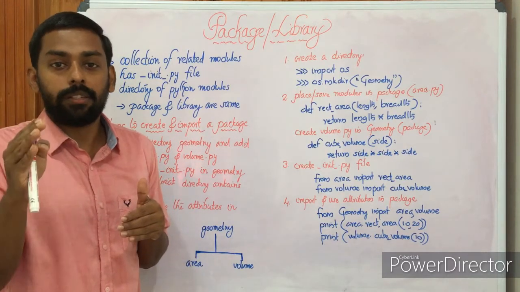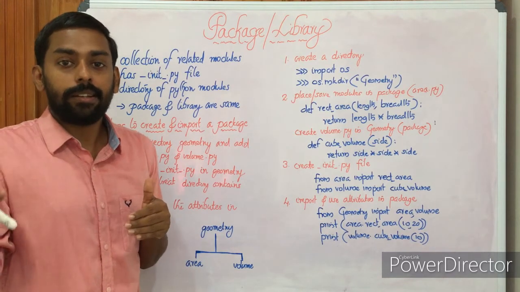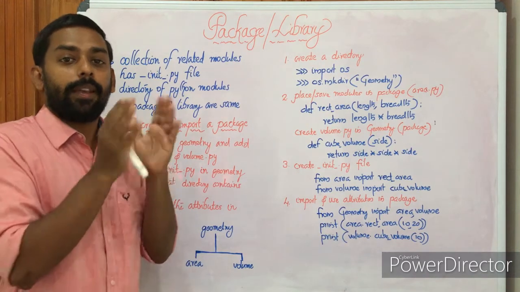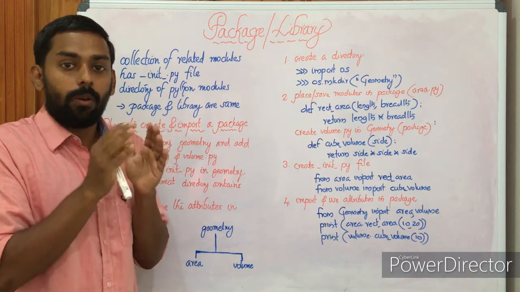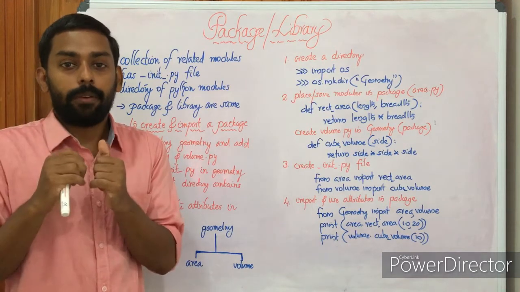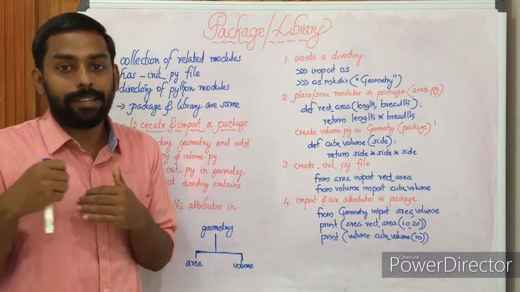The same way, add is a function, renamed or aliased as sum. Just by using P, you can access the value of X, and the same way add as sum. Sum will be the new or alias name.